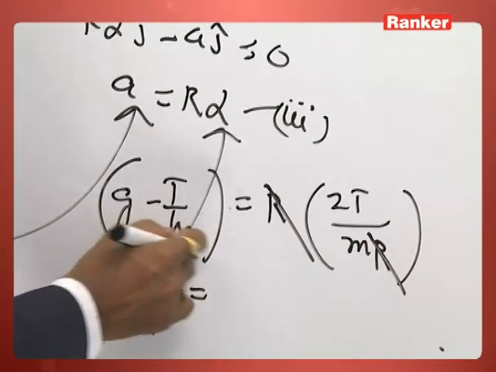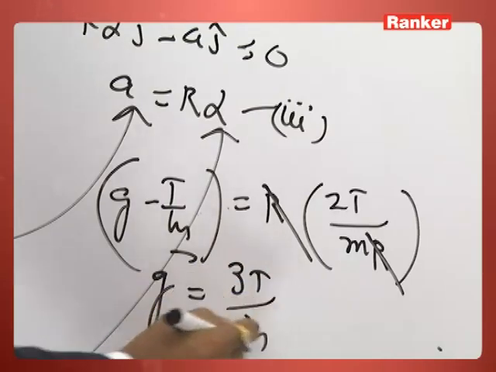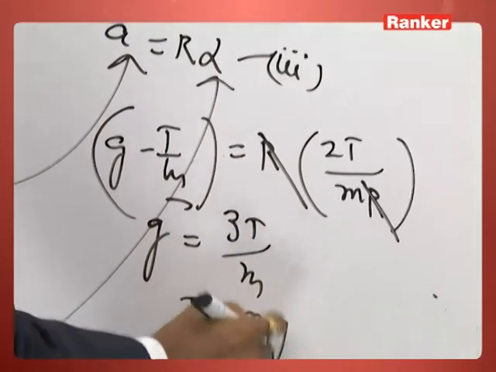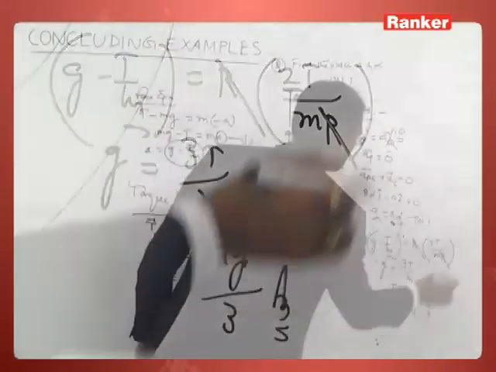So g is equal to T by m plus 2T by m, that is 3T by m. So it gives us T is equal to mg by 3. Answer.